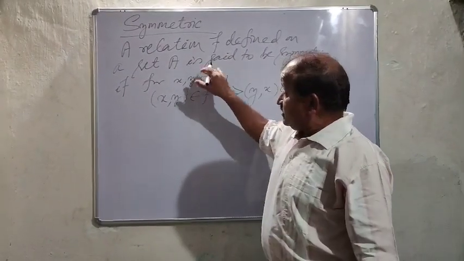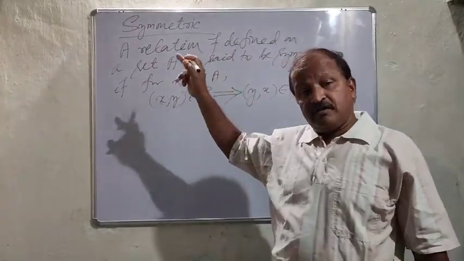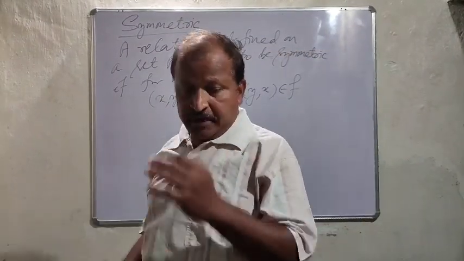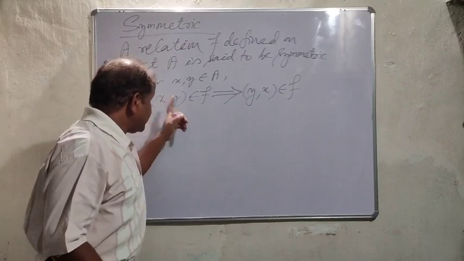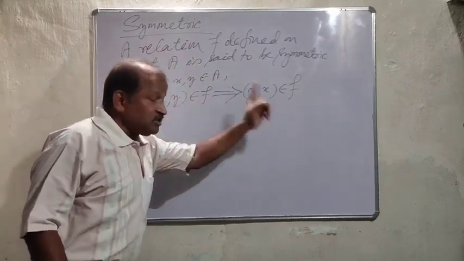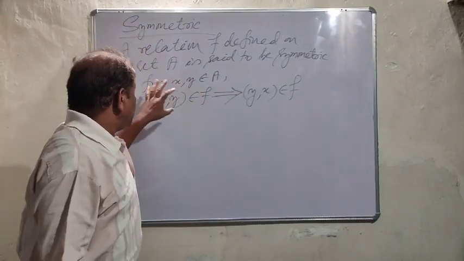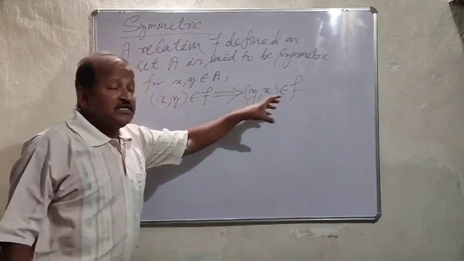If x and y are two elements in A, and x is related to y, then y must be related to x, otherwise it is not symmetric, right?